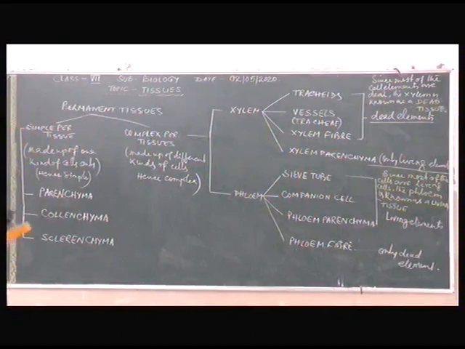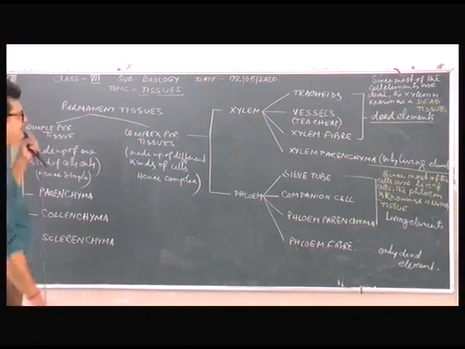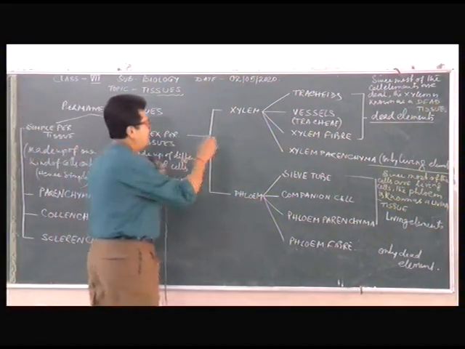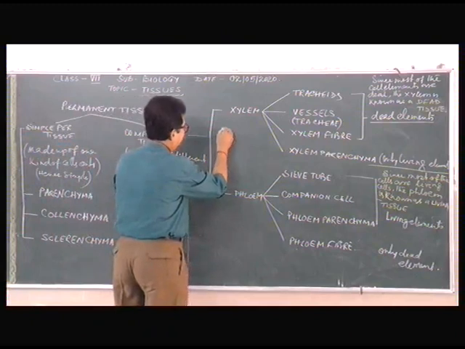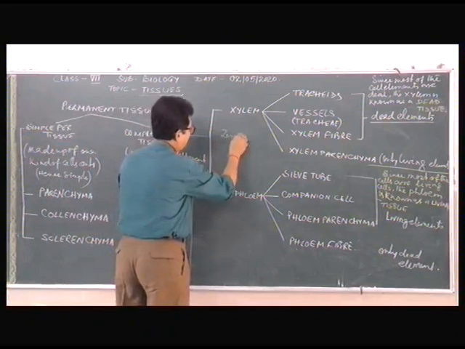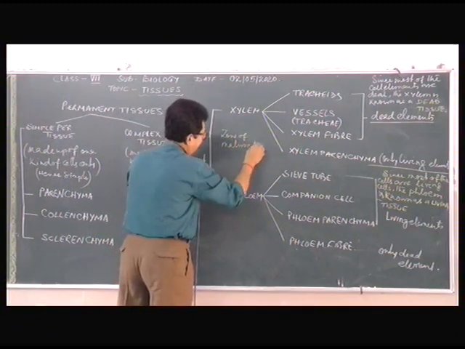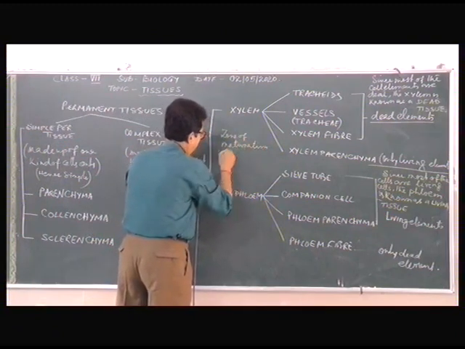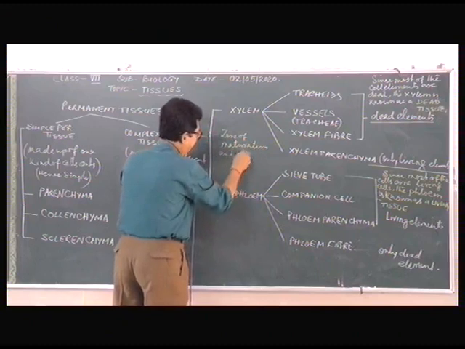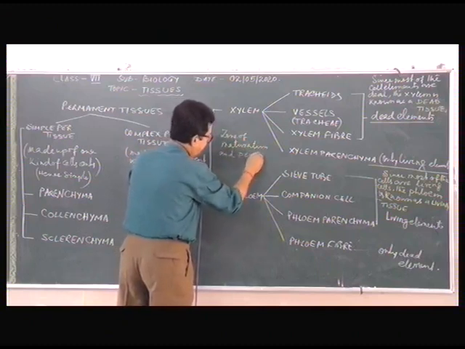So these are the two complex permanent tissues, xylem and phloem. They are normally found in the zone of maturation and permanent zone.